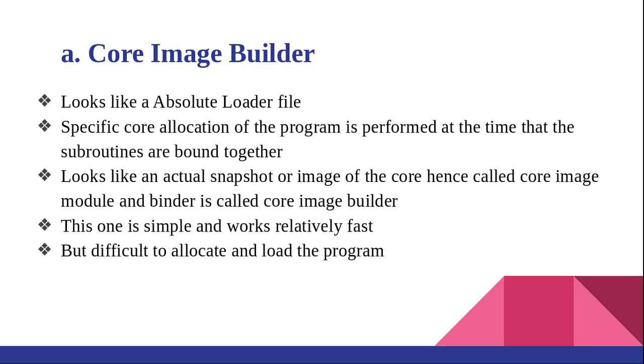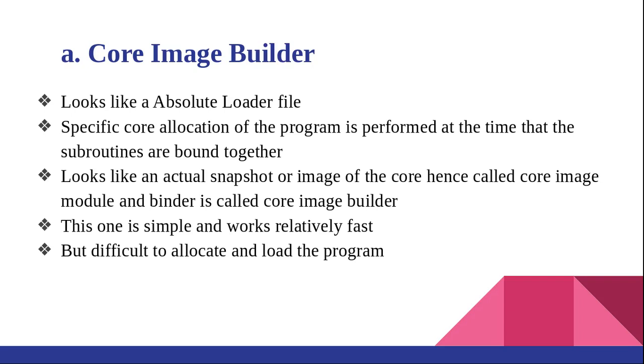The output of this binder, that is the load module, will look like an image or snapshot of our core section. That's why it is called a core image module, and this particular binder is called a core image builder. Why are we saying that it is an actual snapshot or image of the core?